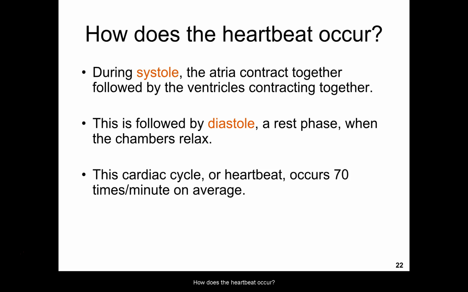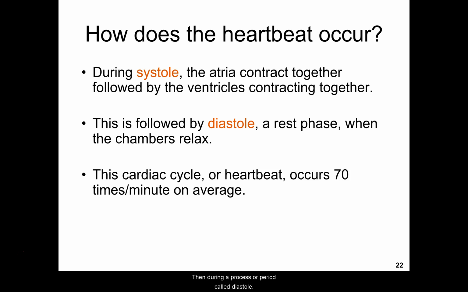So how does the heartbeat occur? During systole, the atria contract together, followed by the ventricles contracting together. Remember that the atria is where the blood enters the heart. So the right atrium, where the blood enters the heart, during systole is contracting and pumping blood to the ventricle.